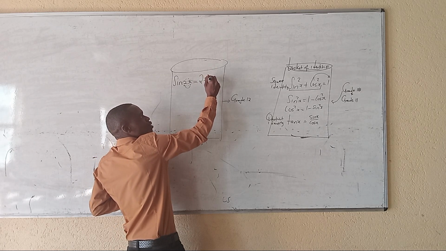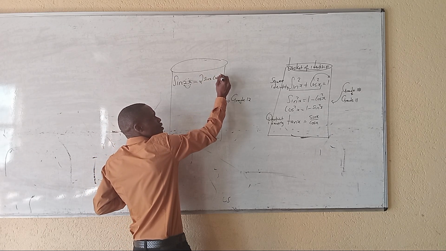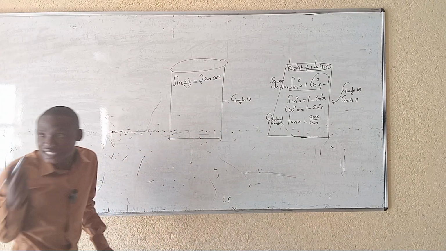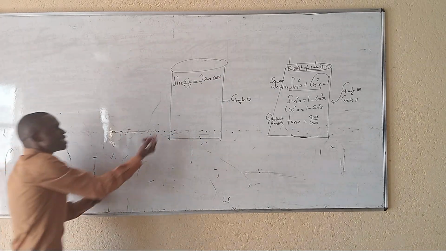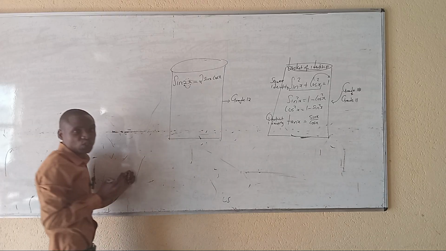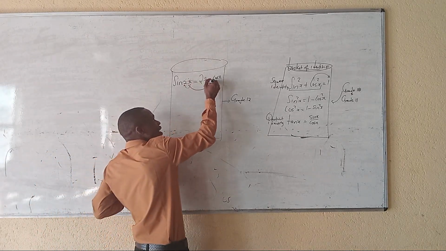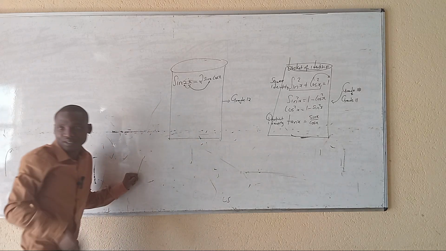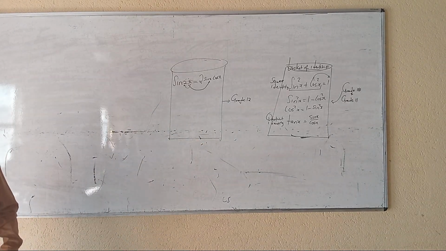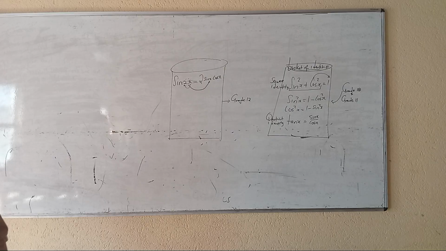Sine 2x is equal to 2 sine x cos x. So most of the time when you see sine 2x, you're going to substitute it with 2 sine x cos x.